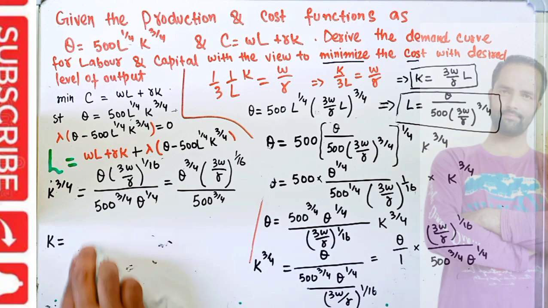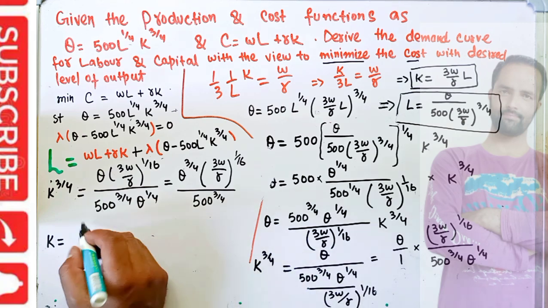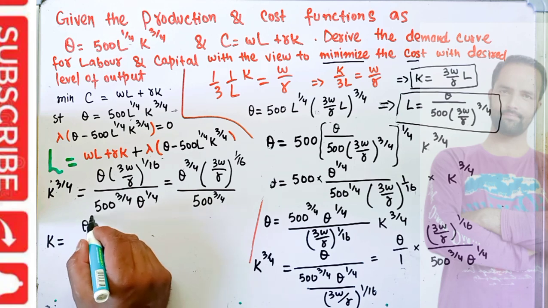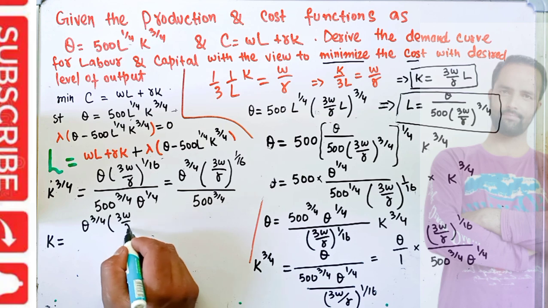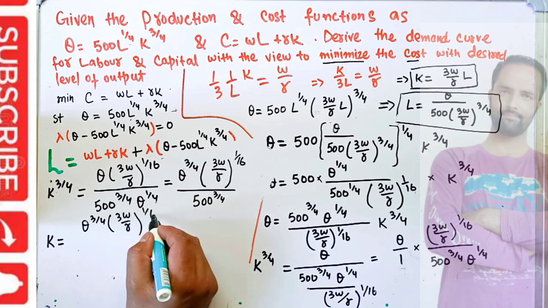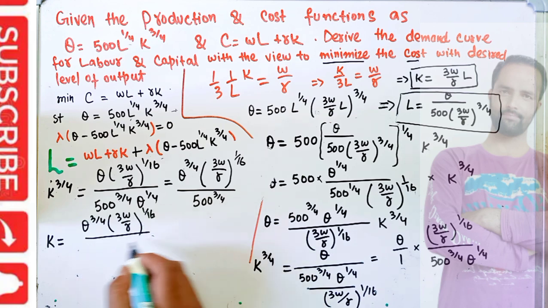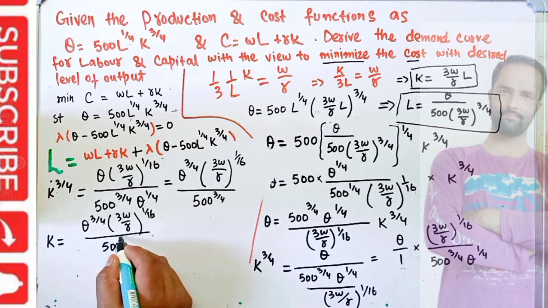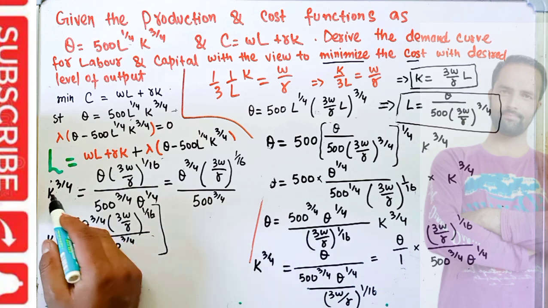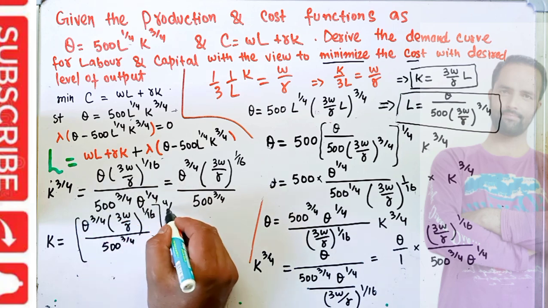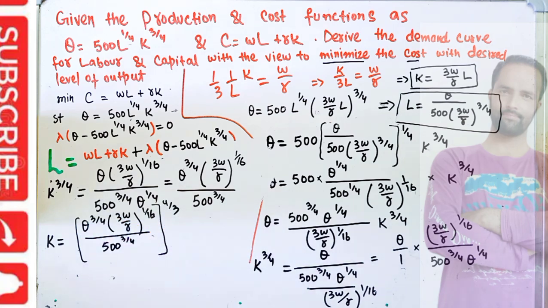Same stuff I will apply here. So this is q to the power 3 upon 4, and then I have (3w upon r) raised to the power 1 upon 16 divided by 500 raised to the power 3 upon 4. So this exponent will get reciprocated, it will become 4 upon 3.